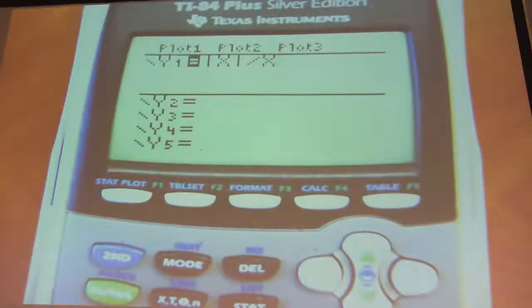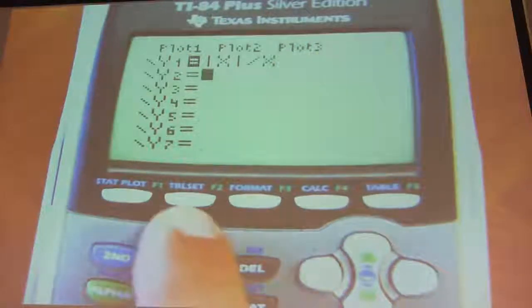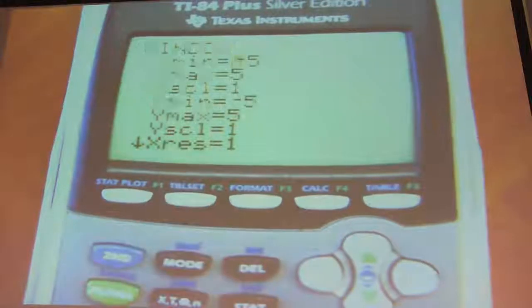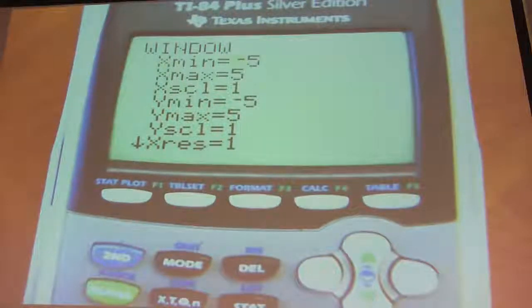Everybody have that? Then we're going to go to the window, and we're going to go -5 to 5, counting by ones. And that's why we do chapter 1. We're comfortable with our calculator. We know how to graph stuff now. We know how to change our window.